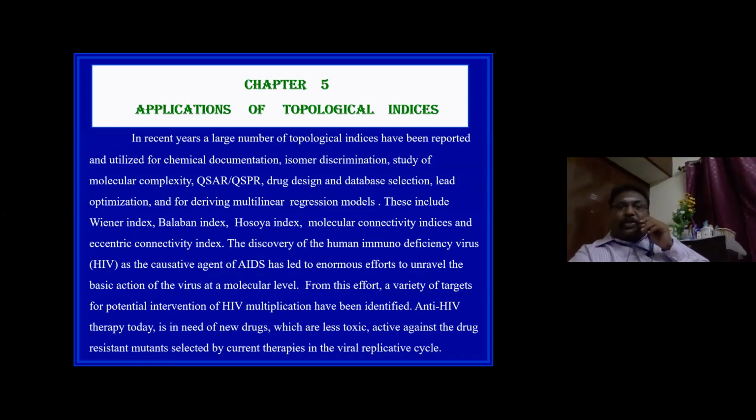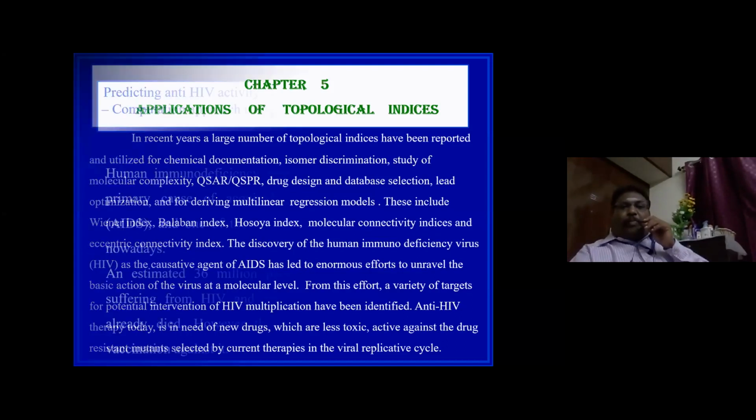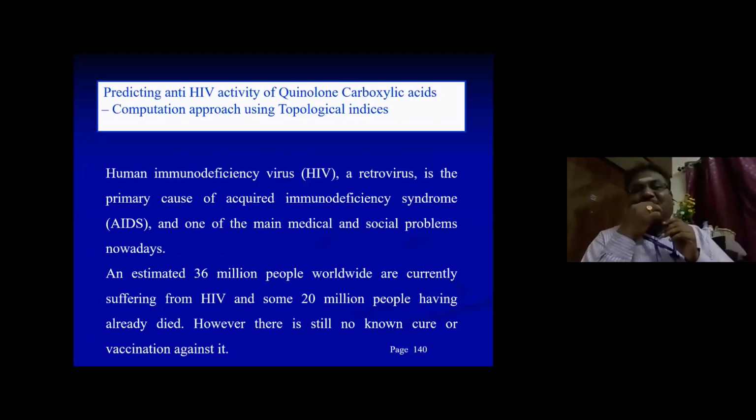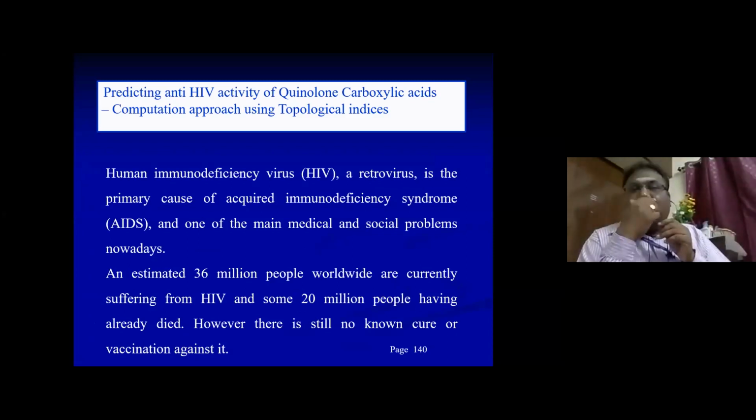So this is predicting the anti-HIV activity of quinolone carboxylic acid, that is the main compound which makes the person survive. Okay, he doesn't die, but he survives with the disease with this particular medicine. The retrovirus is the primary cause of the syndrome.